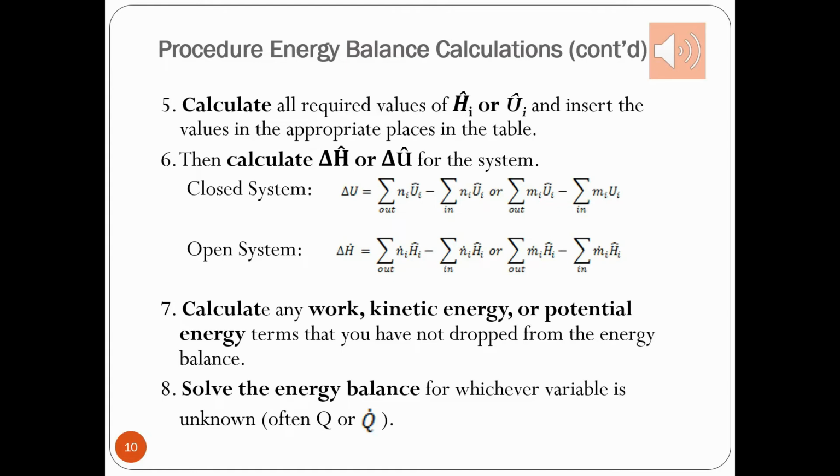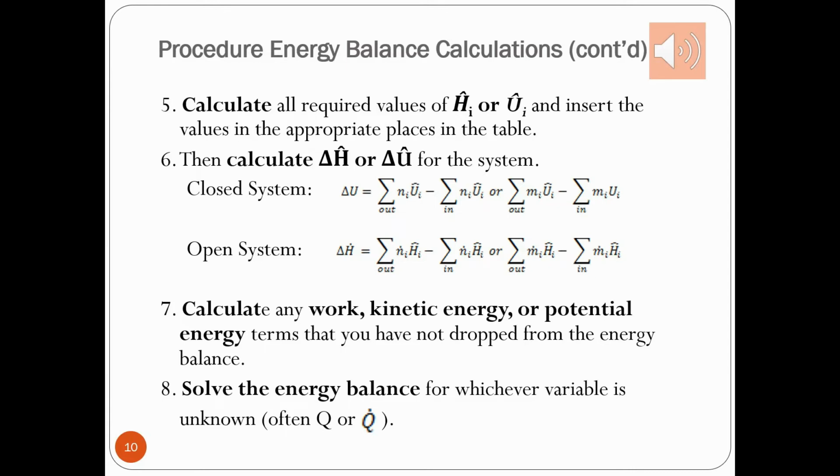So given here is the equation for the closed system and open system for the enthalpy and the internal energy, where it is the outlet minus the inlet of the internal energy and the enthalpy. And then next, you need to calculate any work, kinetic energy and potential energy terms that have not dropped out of the energy balance.